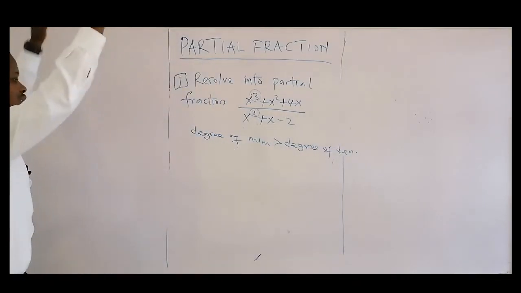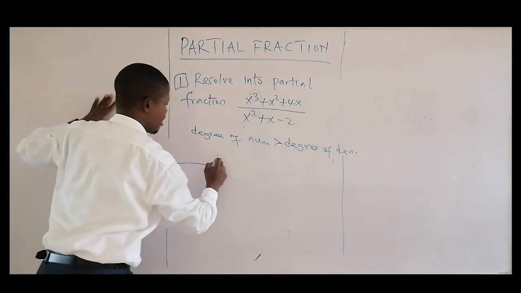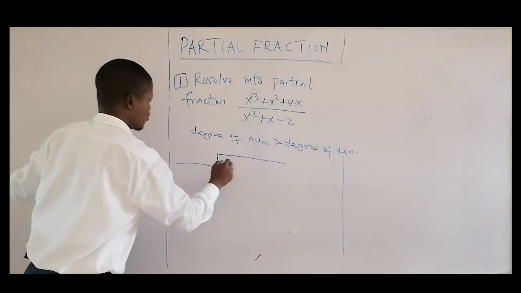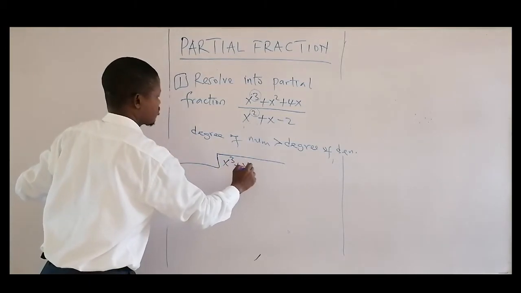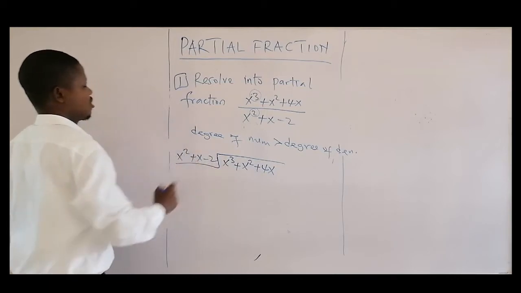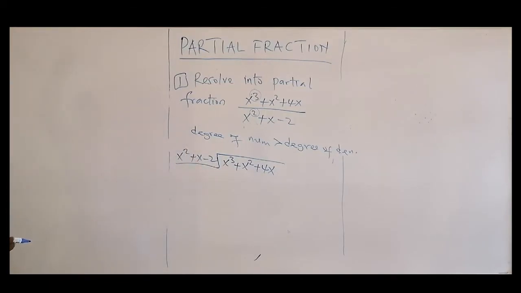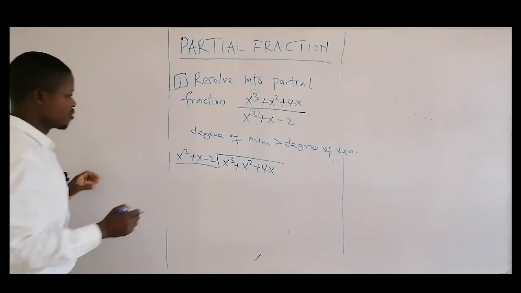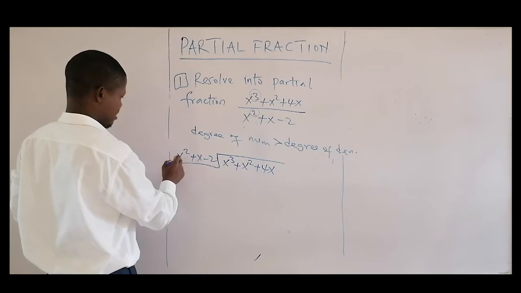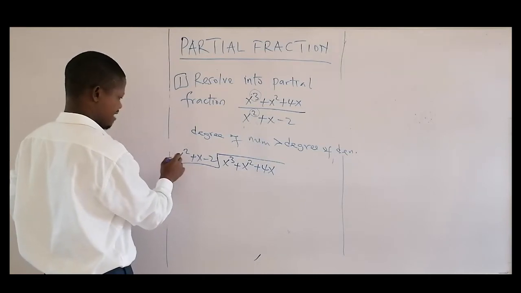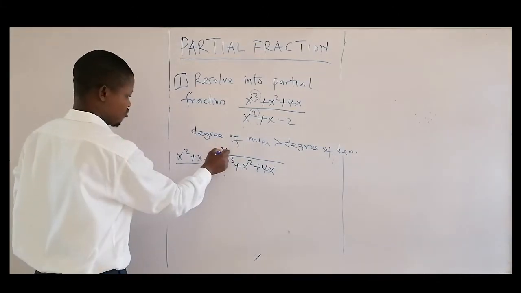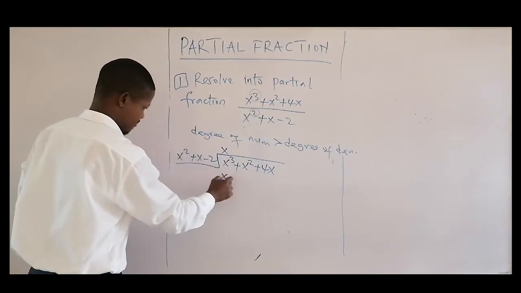In that case, what we do is carry out a polynomial division. That's the first step. You divide. What can we use to multiply this, most particularly the first item, to get x cubed? That will be x.